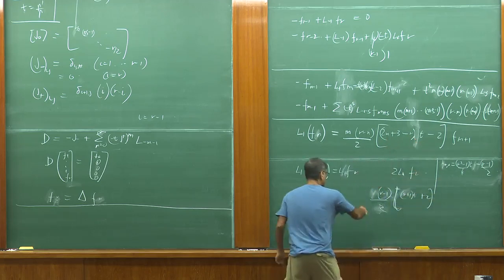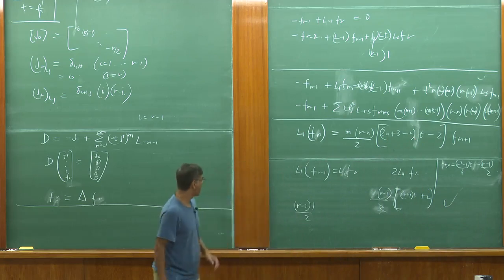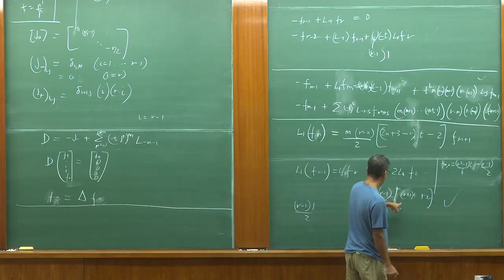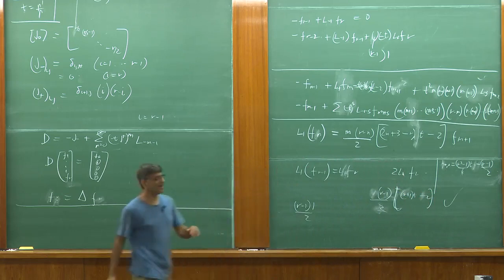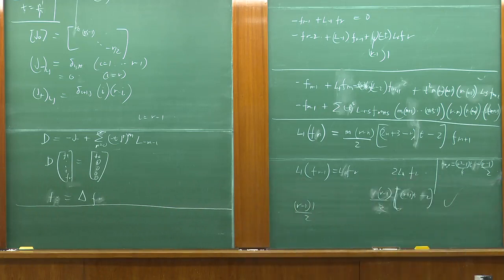Okay, thank you. So this works out, with a minus. Thank you. So at lowest level, we've just explicitly checked this. Okay, it was a pain, but we explicitly checked it.